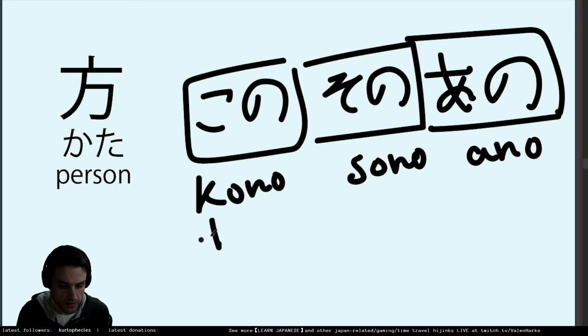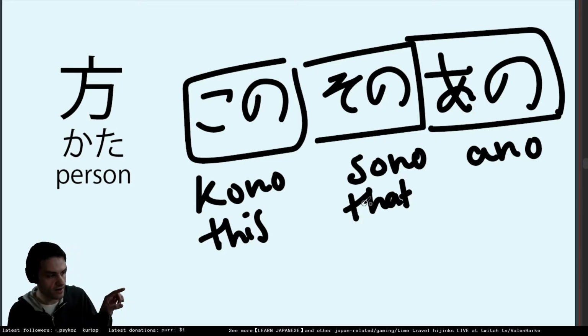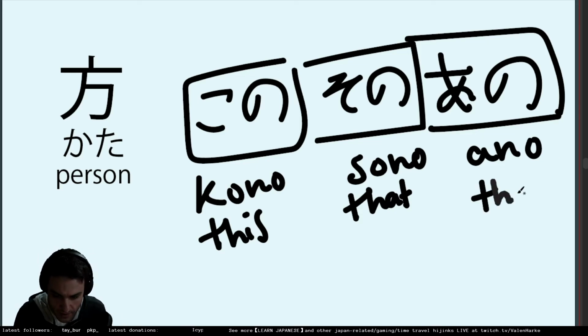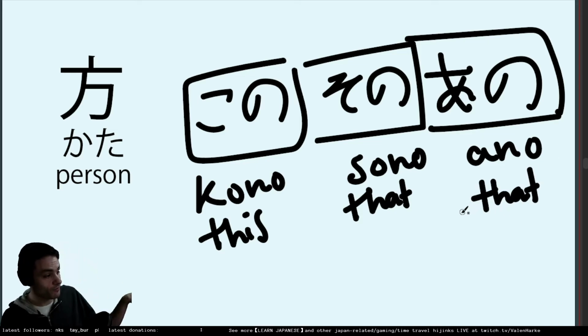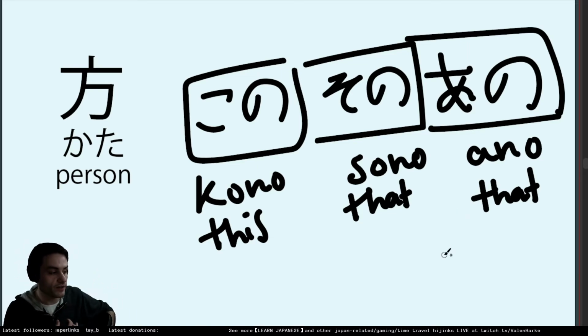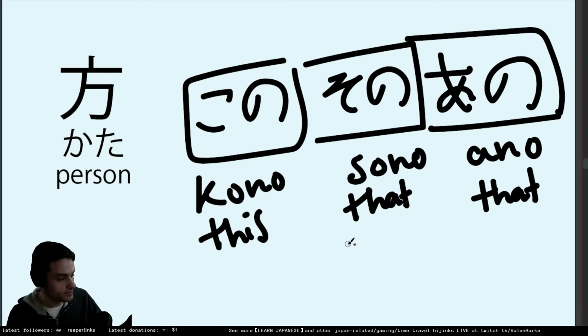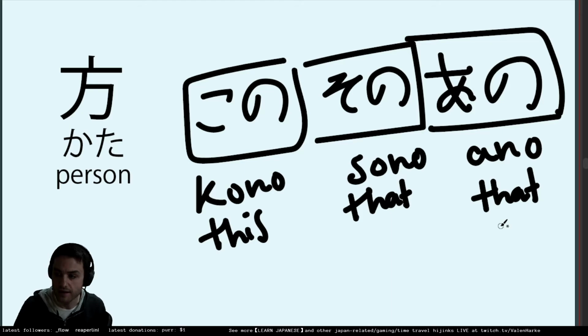And remember, we said these mean this, that, as in that near you, the person I'm talking to, that desk near you, so not near me. And ano means that, as in that way over there, away from us. Side by side talking over here, okay? So, this, that by you, and that way over there.